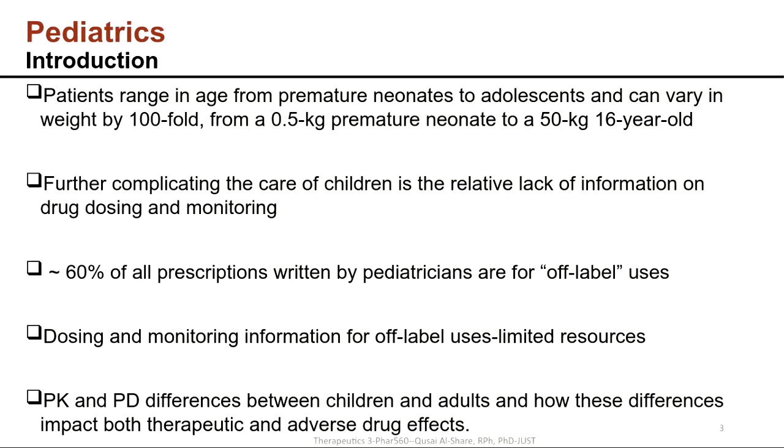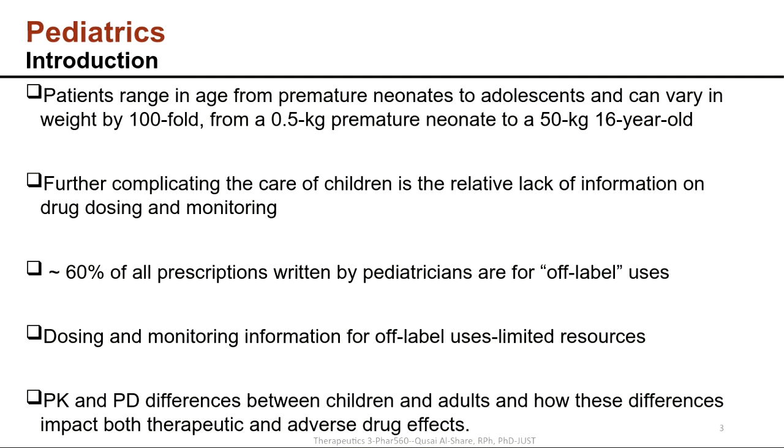However, in children, not too many people volunteer their children to take part in those clinical trials. As a result, we have a relative lack of information about the appropriate dosing. What would be the most appropriate dose for that patient population? And the monitoring of those patients also.